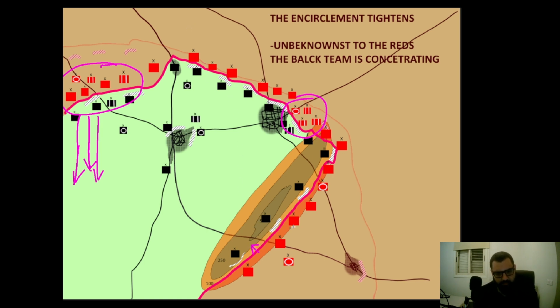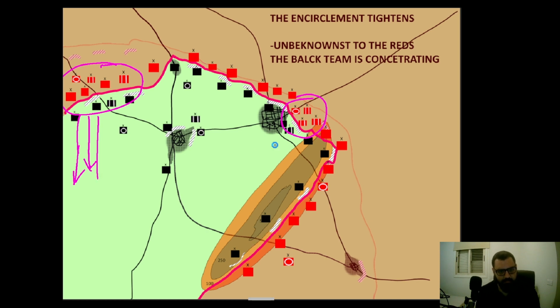Maybe breaching the mountains, which is not advisable, but they have more forces, so inevitably they will eventually break through and slam in behind, between the city and the mountain range. So that's the general plan of the red team.